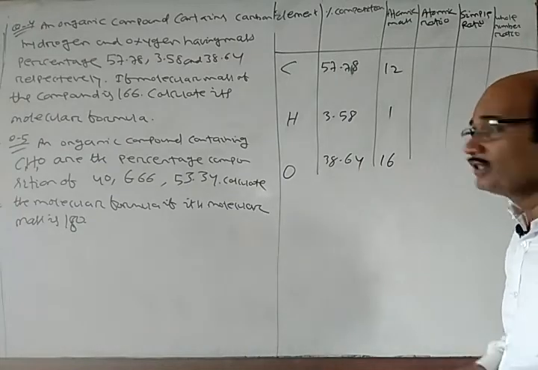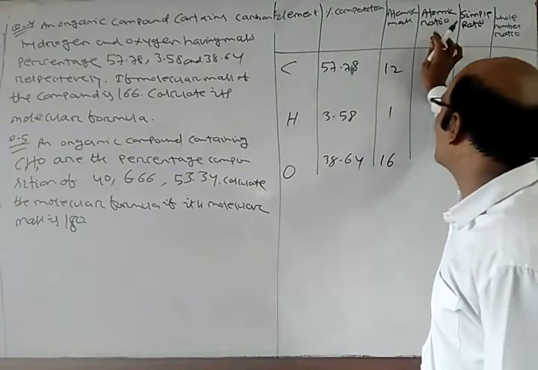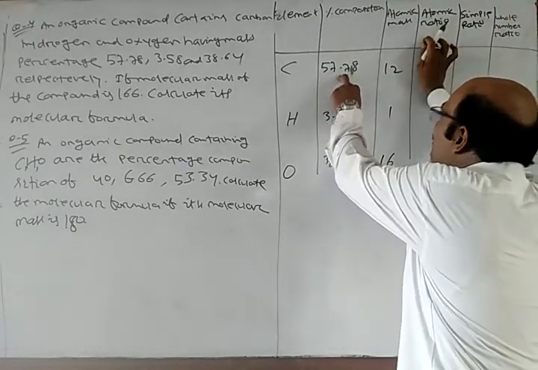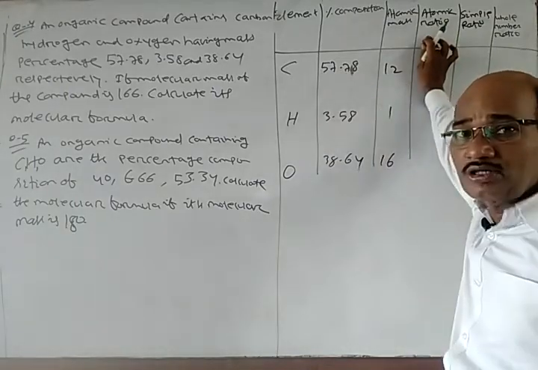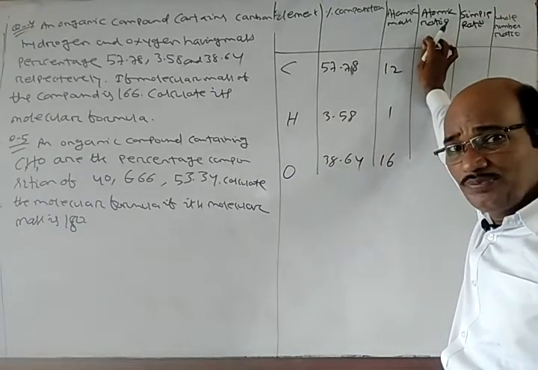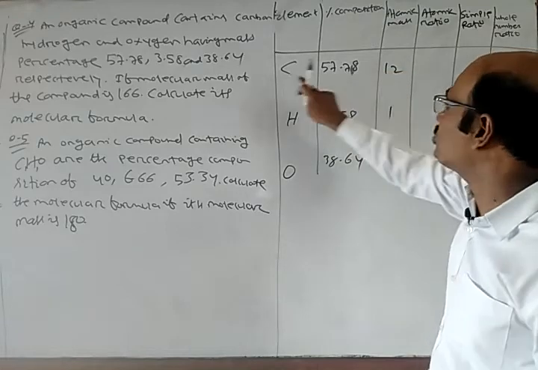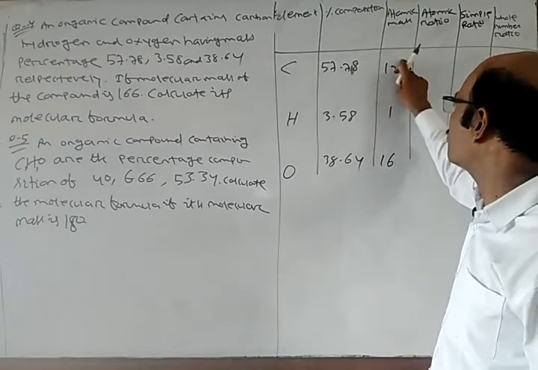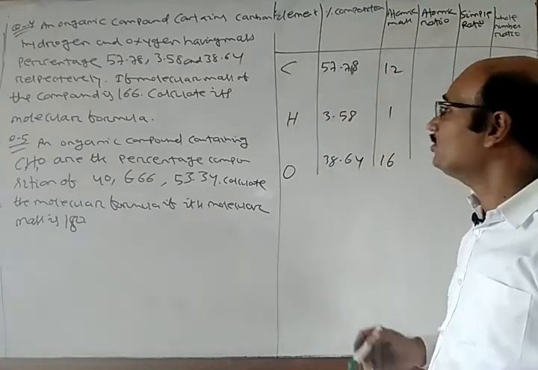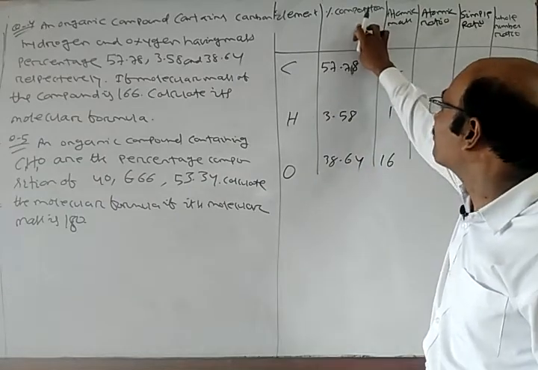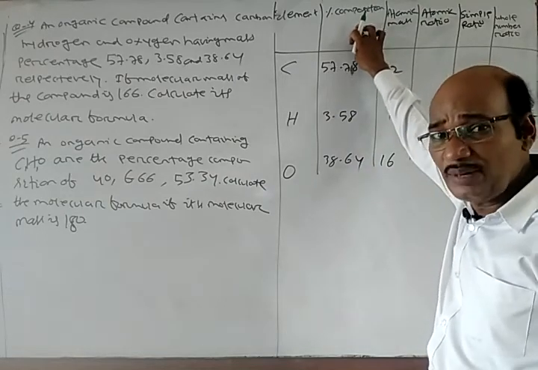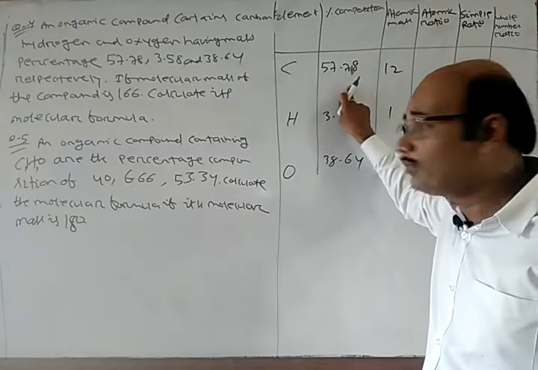You can find out the value simply by dividing the percentage composition by the atomic mass. Okay, got it? So the atomic mass of carbon is 12. That is, 12 gram of carbon equals 1 carbon atom. Now here in 100 gram of substance, we have 57.78 gram of carbon.